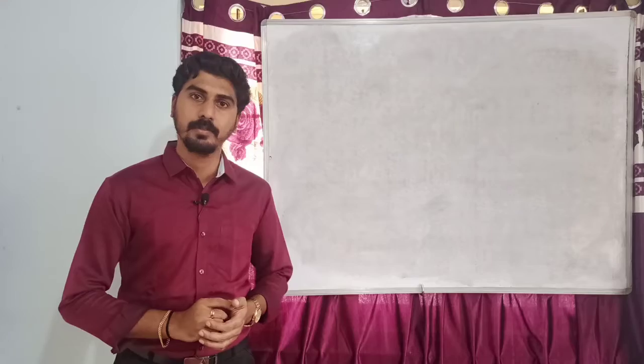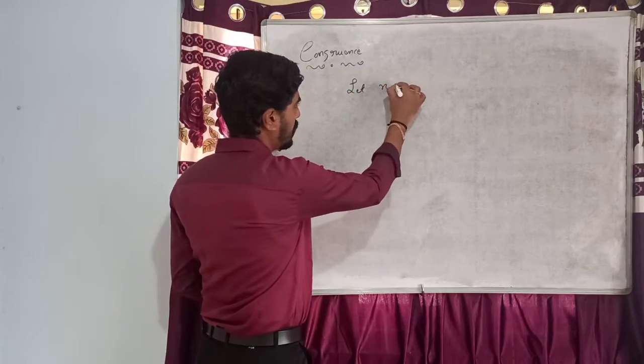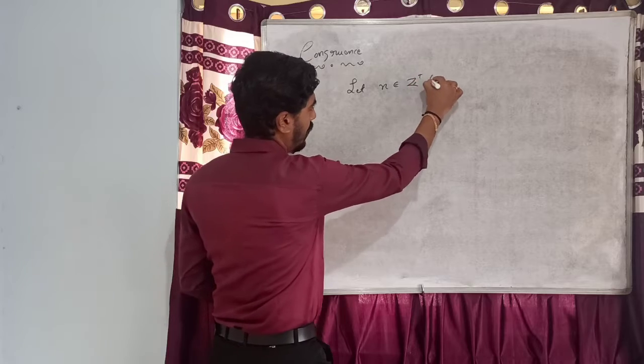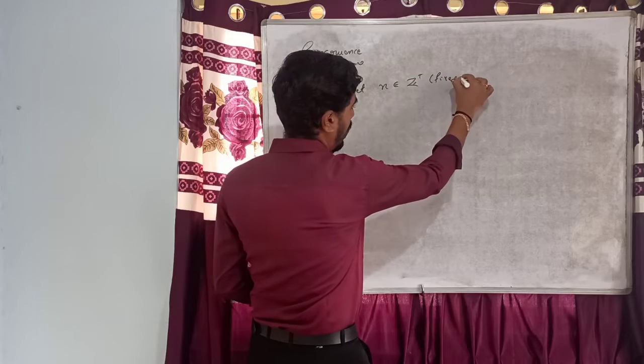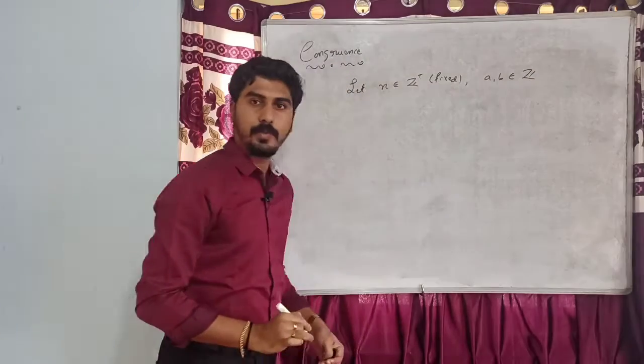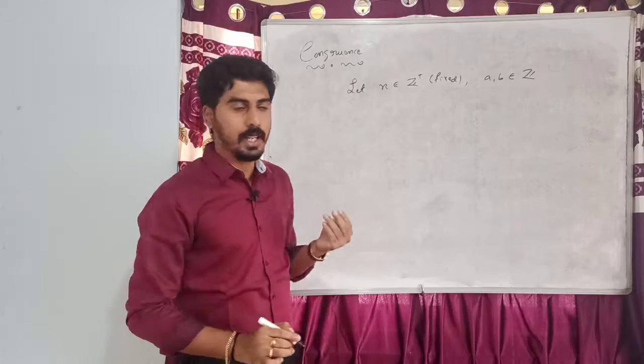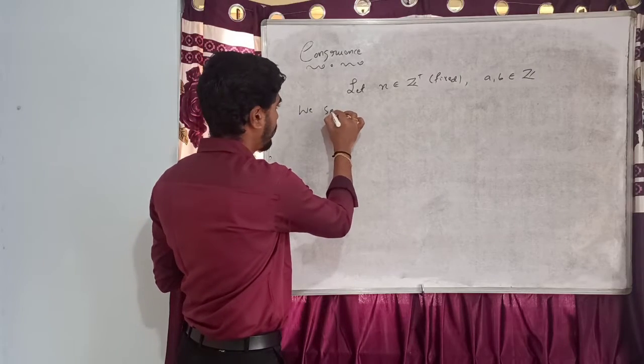Let's get in. Let n be a fixed positive integer and a and b be any two integers. Then we say that a is congruent to b modulo n.